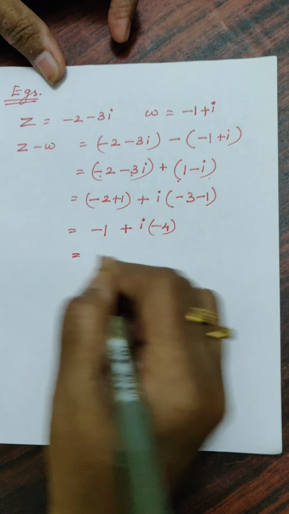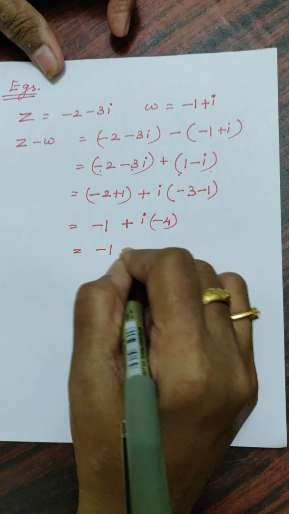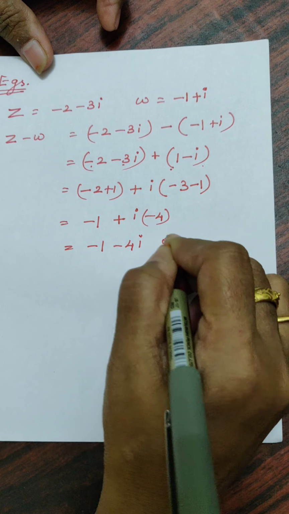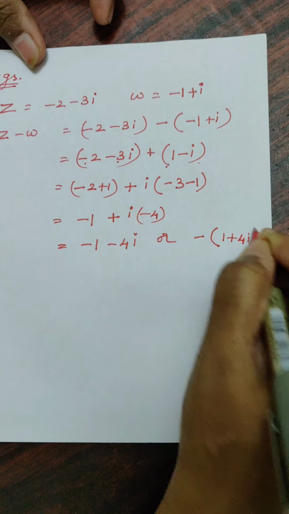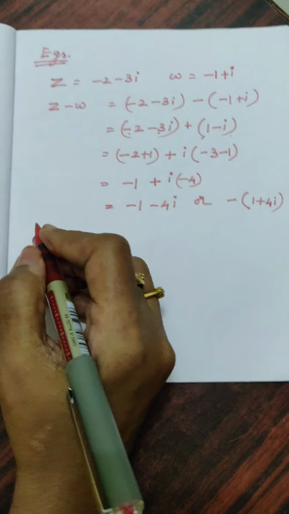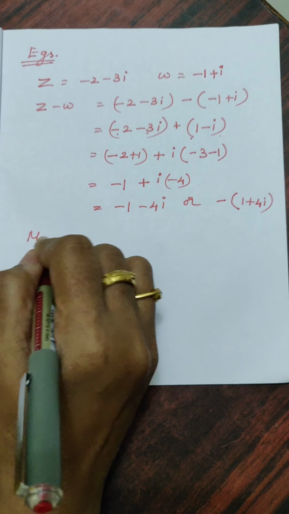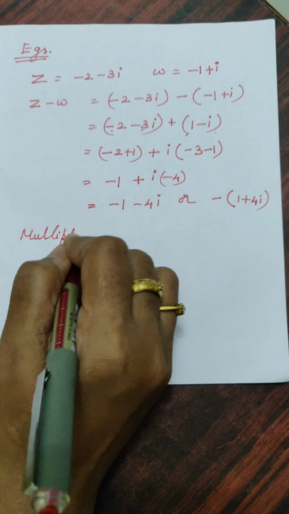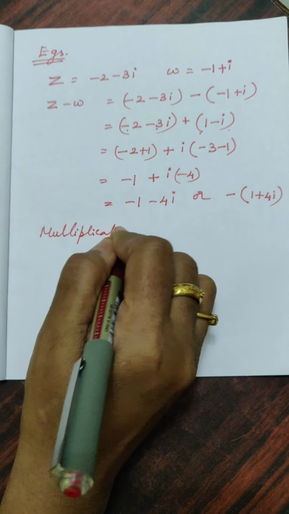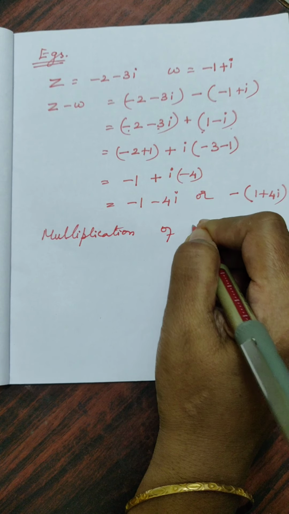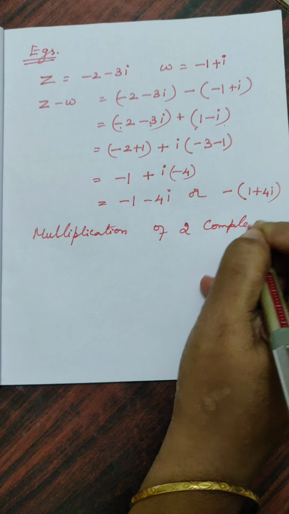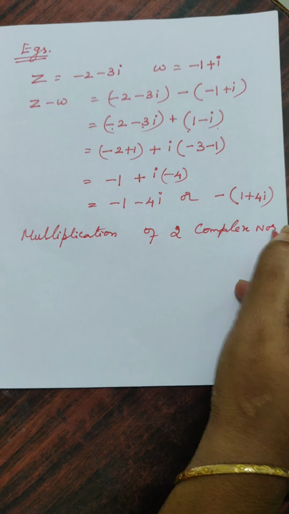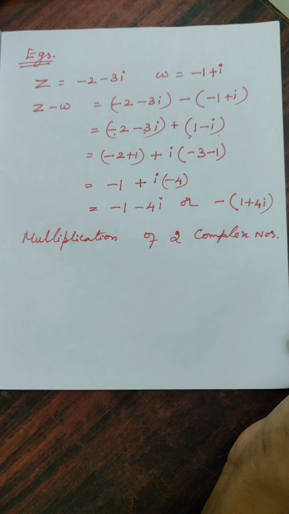I can simply write this as minus 1 minus 4i, or minus of 1 plus 4i. Clear? You know how to subtract two complex numbers.